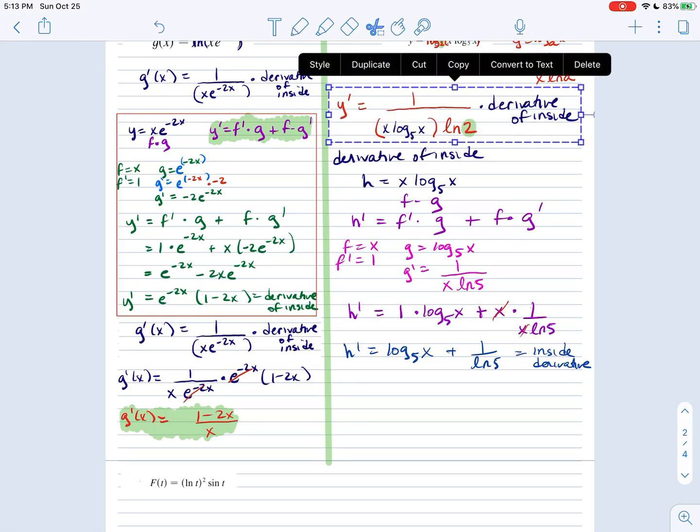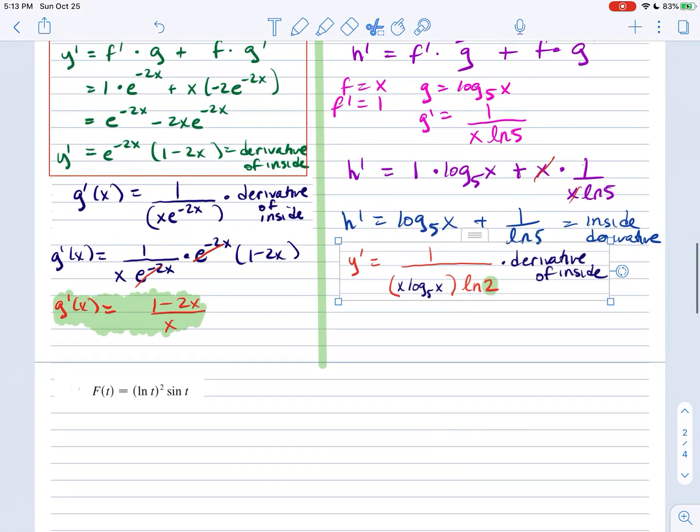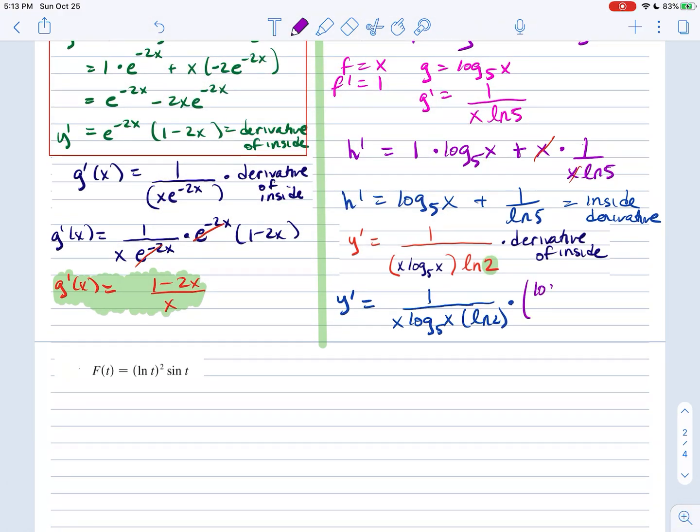And so when I go back to my real derivative that I want to take, my y prime is going to be 1 over x log base 5 of x times the ln of 2, but now my derivative of the inside is going to be log base 5 of x plus 1 over the ln of 5.